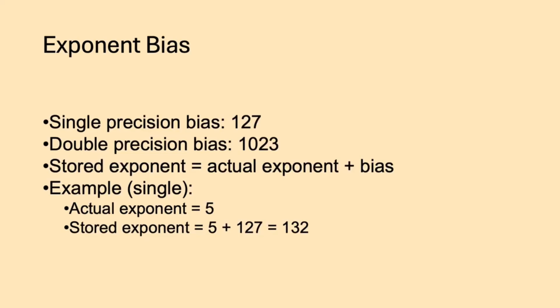The bias for single precision is 127, and for double precision, it is 1023.